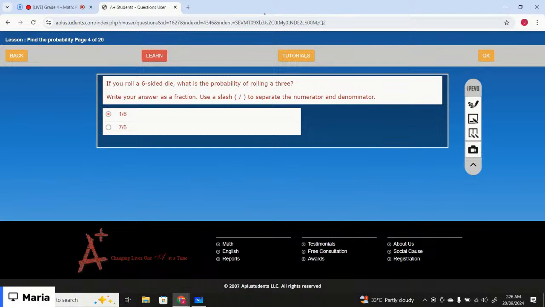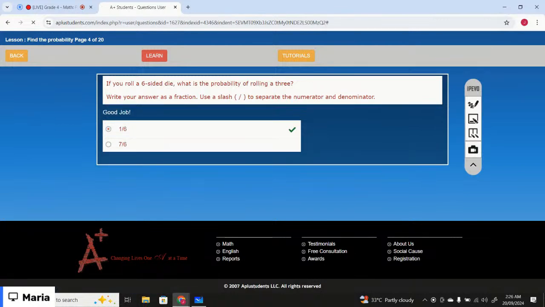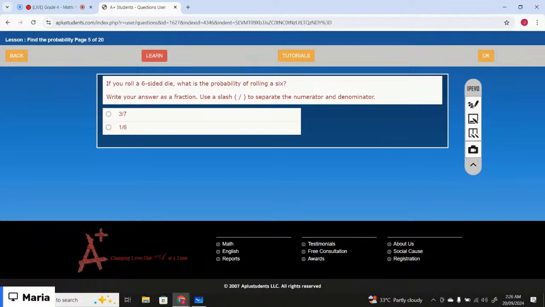Option number 1 is the correct option. If you roll a six-sided die, what is the probability of rolling a 6? 1 by 6 it is. Option number 2 is the correct option.